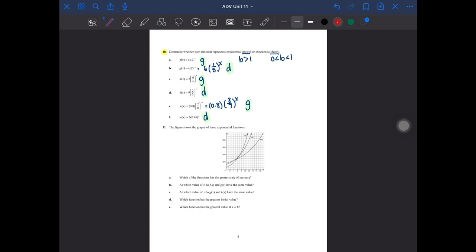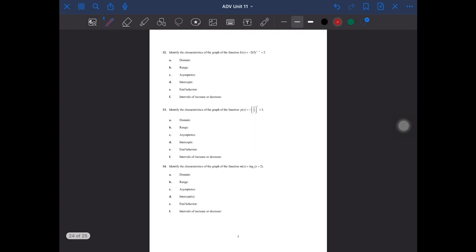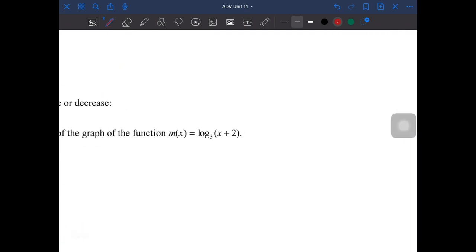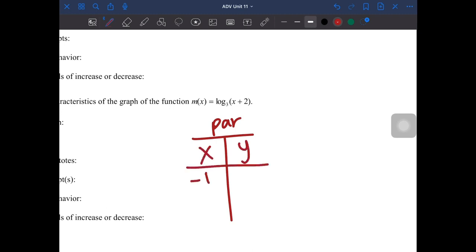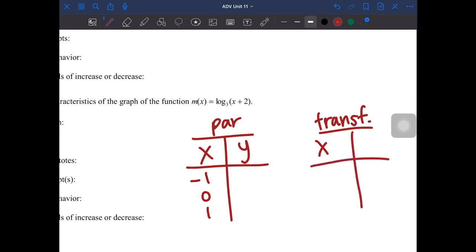Those are the ones where maybe it gives you a formula like this and you need to do a transformation table. So a lot of the times you're going to have your parent function, and you have to have your x and your y. And remember, it's usually going to be -1, 0, and 1. And then it's going to have your transformed function, and whatever your transformations are.